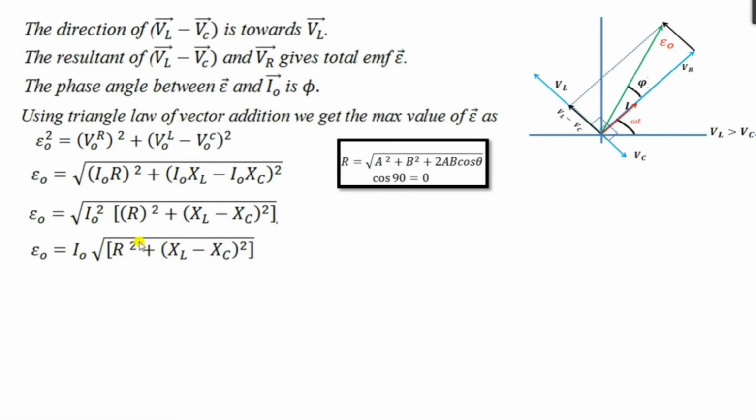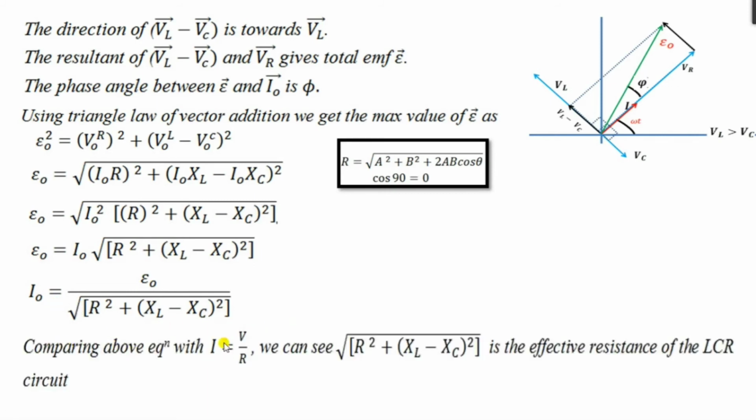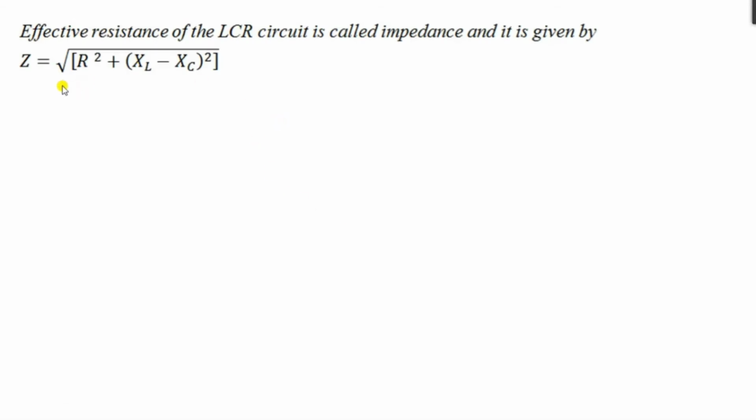Now we can take this term below E naught, so you will get I naught is equal to E naught by this term. If you compare this equation with Ohm's law, that is I is equal to V by R, we can see this term is similar to resistance. So we can say this is the effective resistance offered by the LCR circuit, and this term is called impedance.